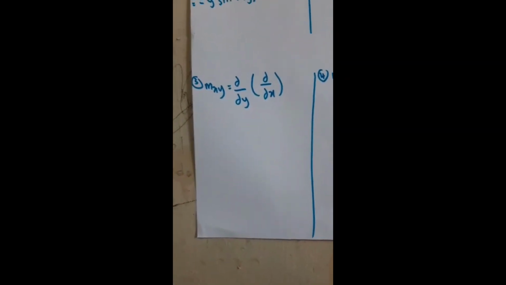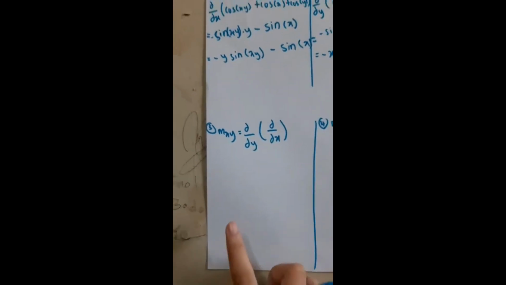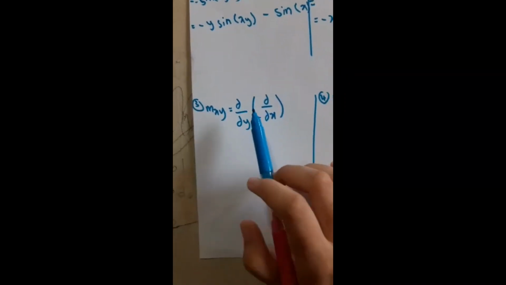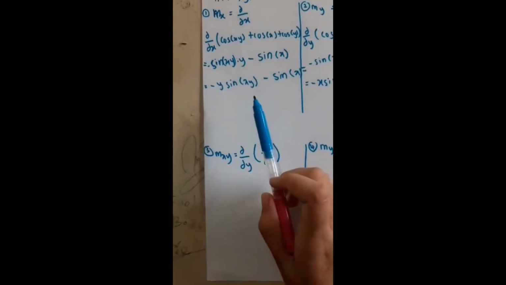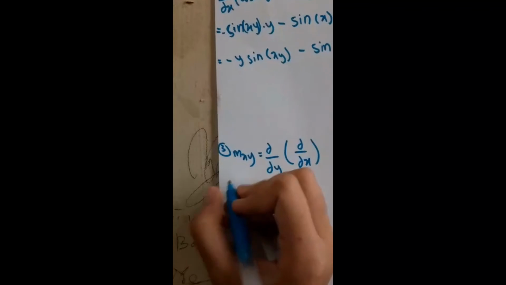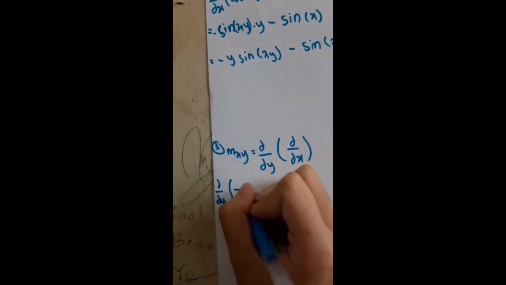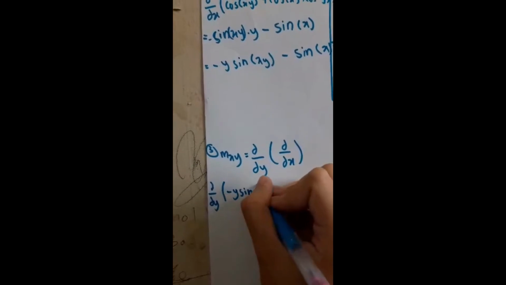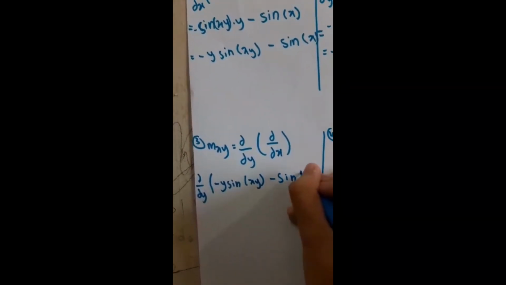For the third question, fxy, I already gave out the formula: del over del y of del over del x. We know that this is del over del x, so we substitute it back in here and it becomes del over del y of negative y sine xy minus sine x.